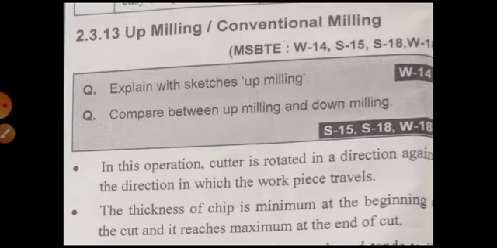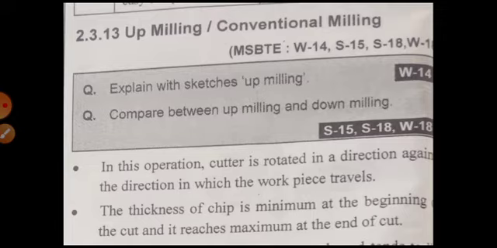Then there are two main important milling operations, by the way: up milling and down milling. Okay, these are two machining processes. All these operations are performed by either up milling or down milling.